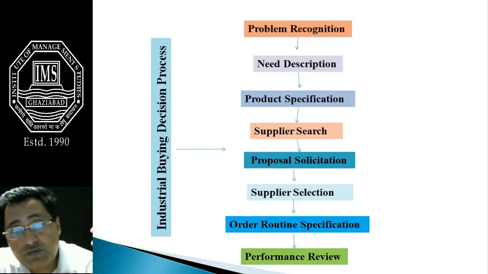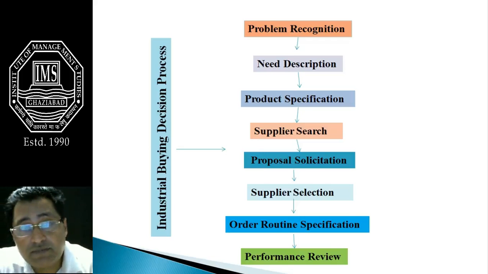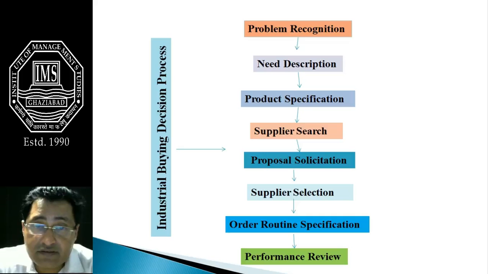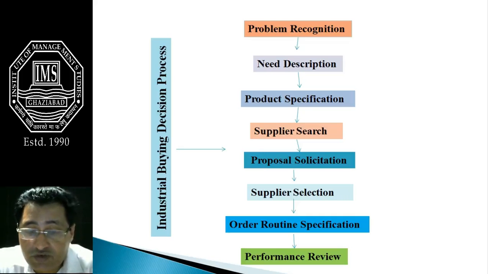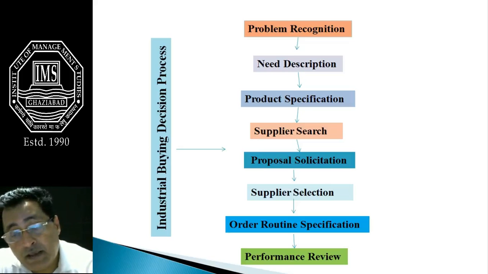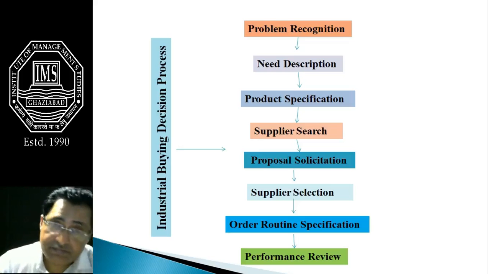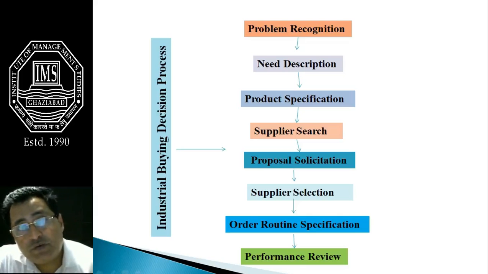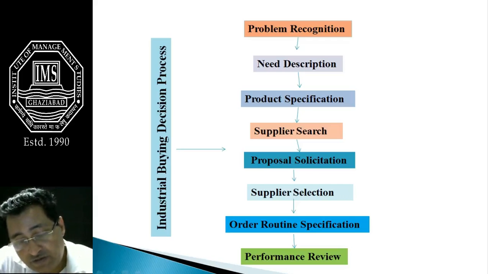So first, when you recognize the problem, then you start giving importance to the need. What could be the need of the product? If I want to purchase a mobile phone, purchasing a mobile phone is not a need.